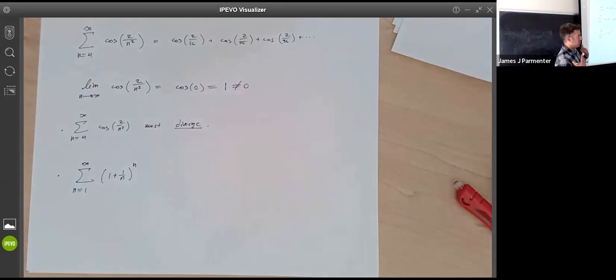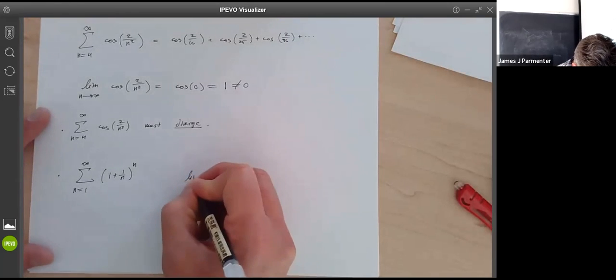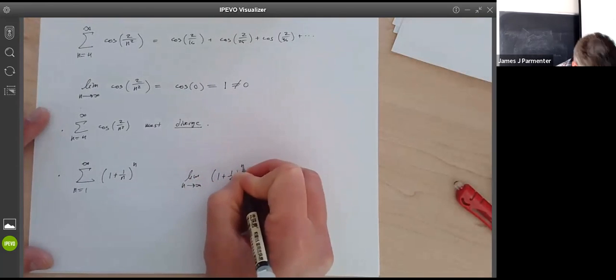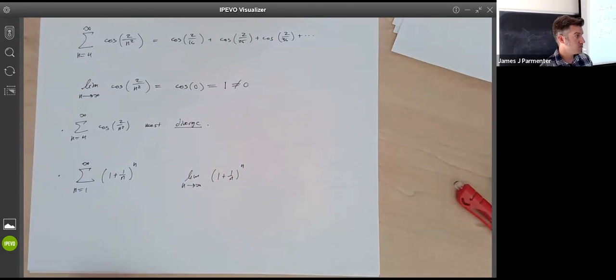I really want you all, when you're talking about seeing if a series converges or diverges, to first think of, can I use the nth term test? Does that sequence have a limit that's 0 or not? Well, what's the limit as n goes to infinity of this sequence? Well, I know what it isn't. I know it's not 0.